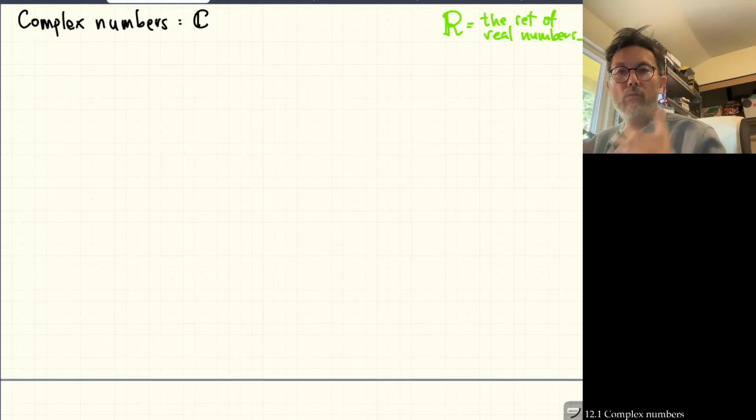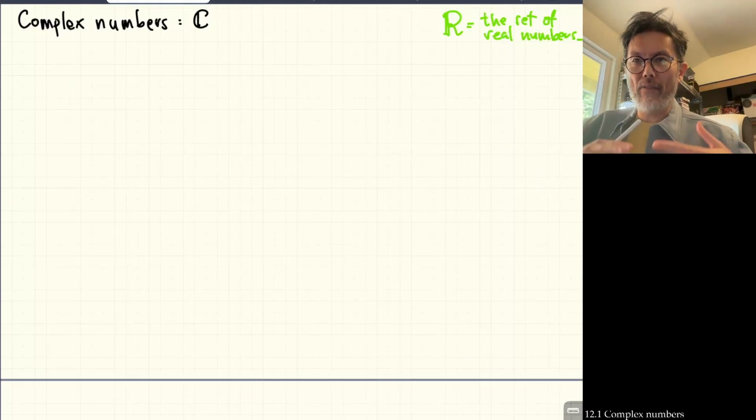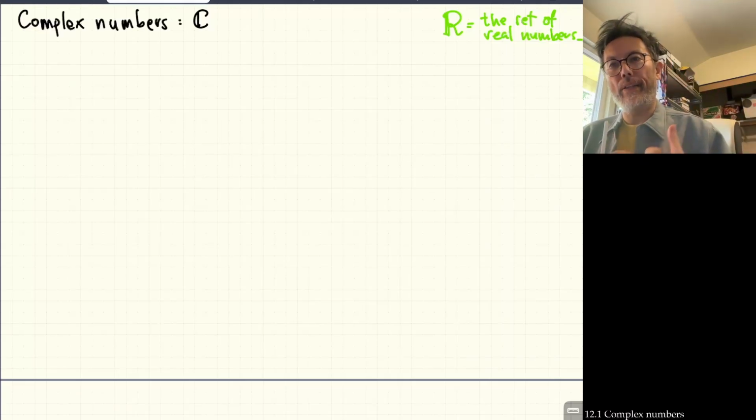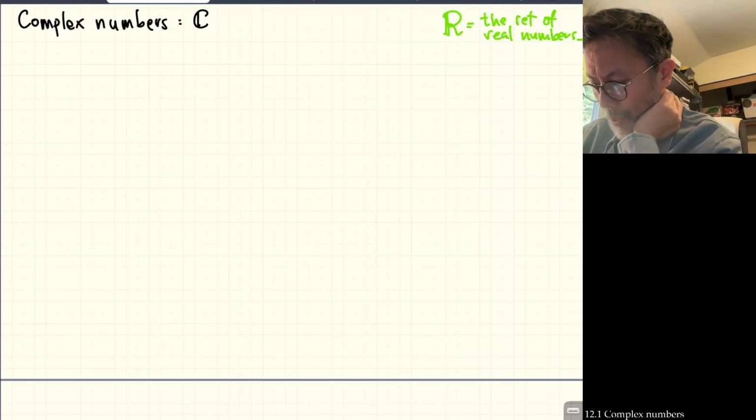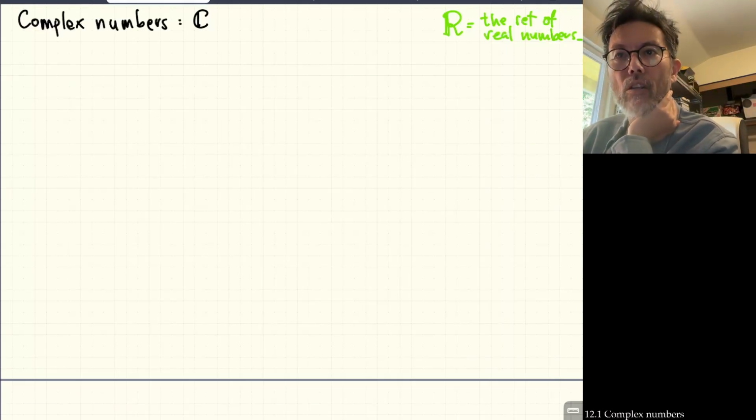And C is certainly related to the set of real numbers. In fact, we will see that the real numbers are kind of embedded inside of the complex numbers. Let me give you the definition of what C is as a set, and then we'll start working with it.